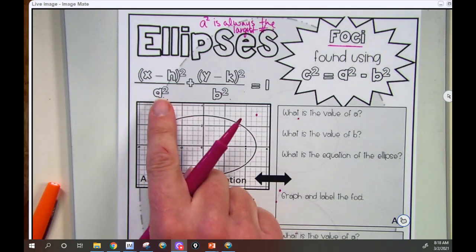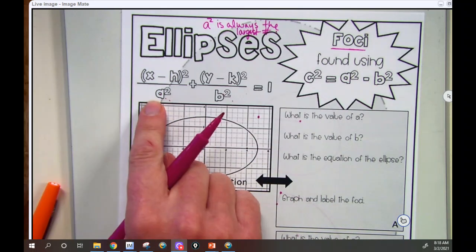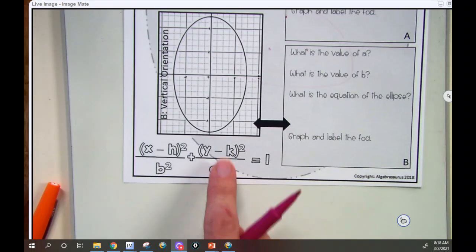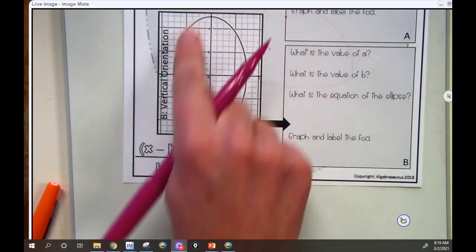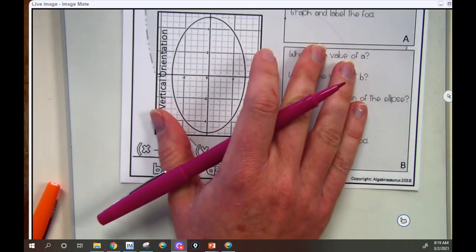So if a squared is under x, I know I've got this horizontal ellipse because the biggest number is right there. Vice versa, if the biggest number is under the y, that gives me this nice, tall, we call it a vertical ellipse, okay?